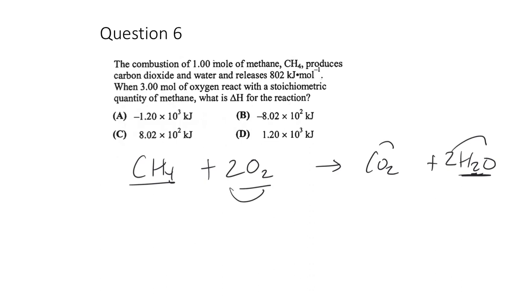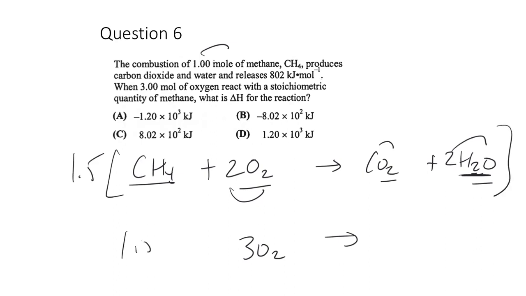So that gives me 4 O atoms. And that gives me 2 plus 2 for 4 O atoms over here as well. So we're balanced here, CH4 with 2 oxygens. And so CH4 releases 802 kJ when 1 mole reacts. But when 3 moles of oxygen reacts with the stoichiometric quantities, that would look like this, with 3 O2, and then we're multiplying all of these coefficients by 1.5.